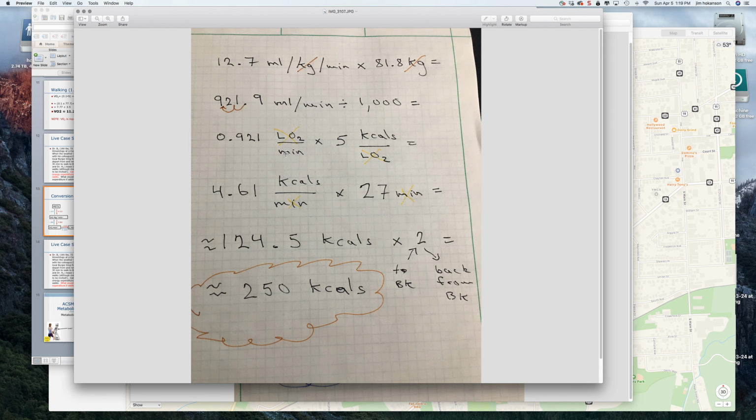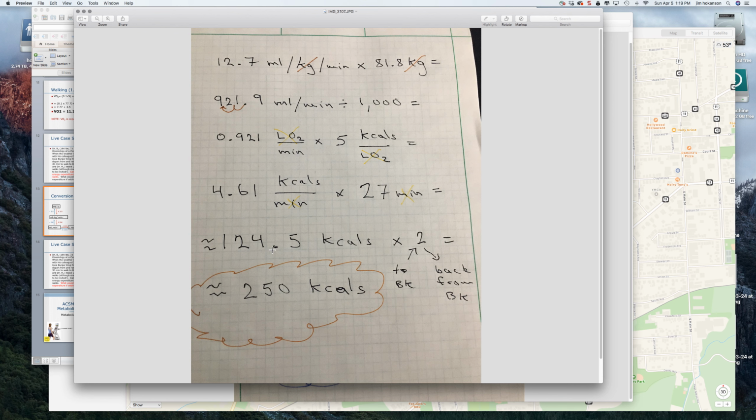Then multiply by 5. It's 5 kcals per each liter of O2. Liters of O2 cancels out. So that's equal to 4.61 kcals per minute. He walked for about a half an hour. We'll use the minutes we found online, or 27 minutes. So multiply by 27 minutes. Minutes will cancel out.